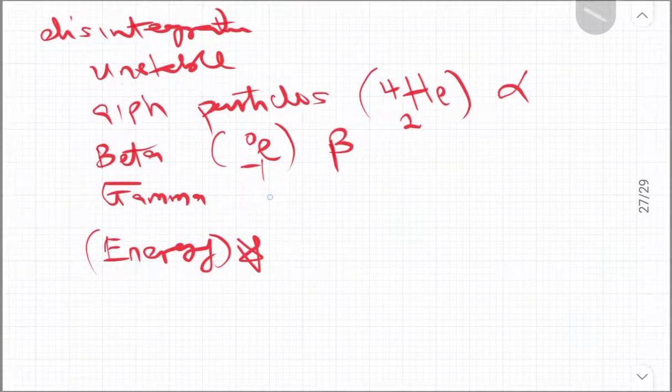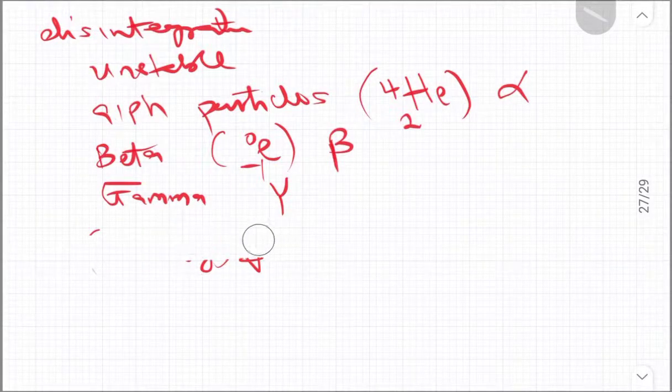It is denoted with this letter, it looks like Y, right? Okay. So now every element has its own decay constant and half-life. I'm going to explain to you what a half-life or a decay constant actually is.